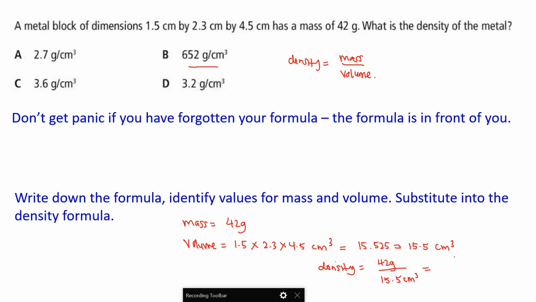If you compute, you have about 2.70, or you can write 2.7 in single figure, gram per centimeter cube, which is A. So this is what you need to write down, how you solve your questions. You need to know the formula, identify the values for the mass and volume, then substitute into the density formula accordingly, and then you find your answer.